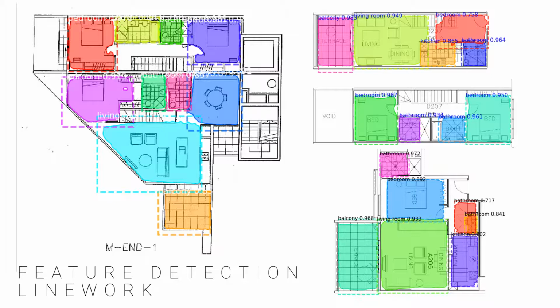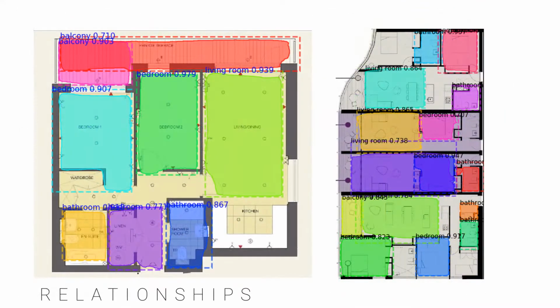And another one would be relationships. So where the floor plan has very little visual information to be seen, non-visual architectural information may be extrapolated.